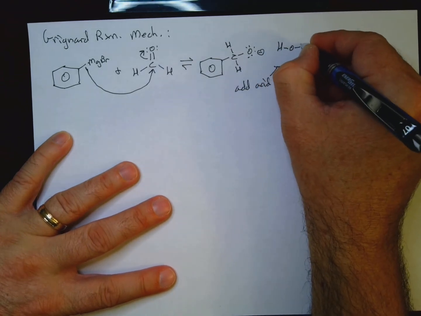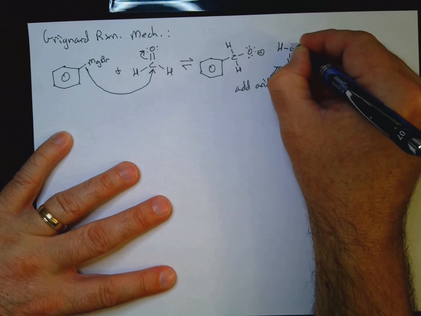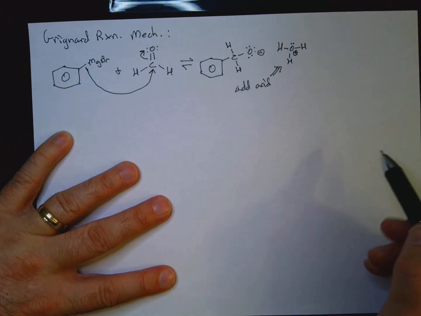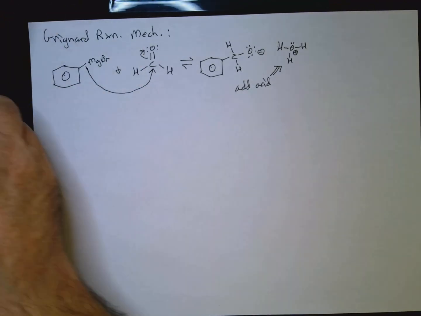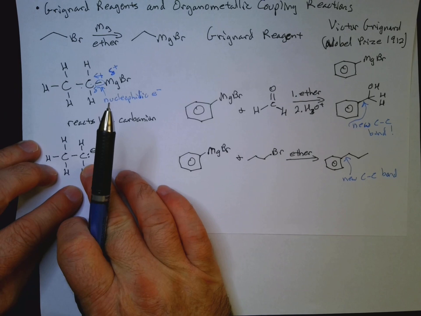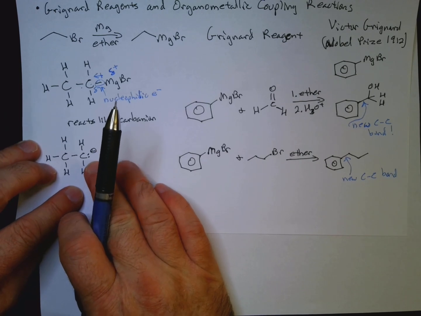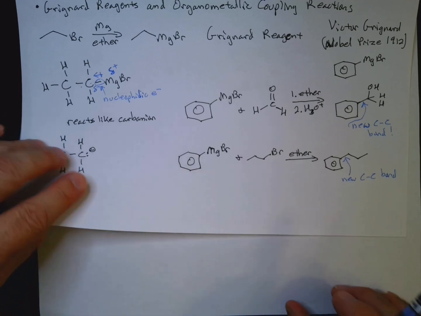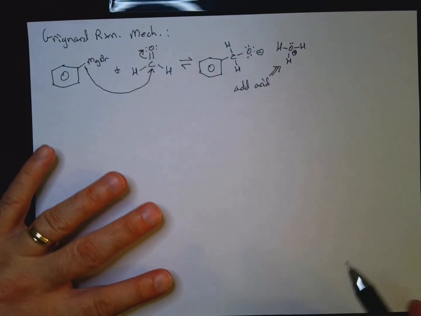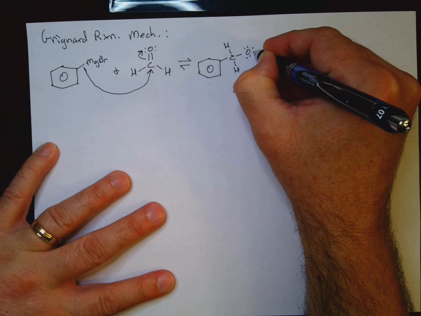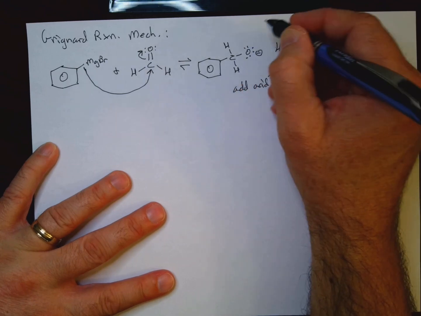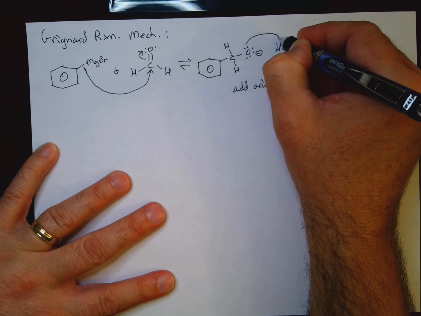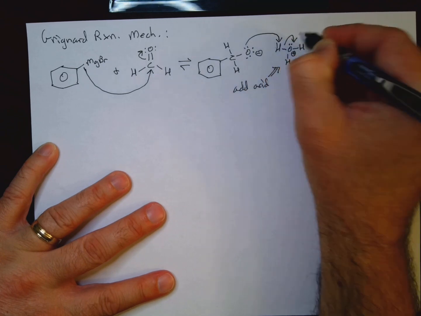So it's important to do this in 2 steps. If you simply added the acid right away, the acid would quench the Grignard. Because the Grignard, remember, if it's reacting like a carbanion, that's a good base too. So this will go ahead and just be quenched by alcohols, water, acid, a lot of different things, amines, well, protonated amines. Anyway, so we'll go ahead and get our proton transfer there.